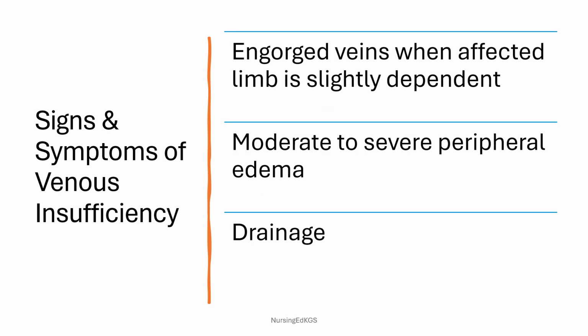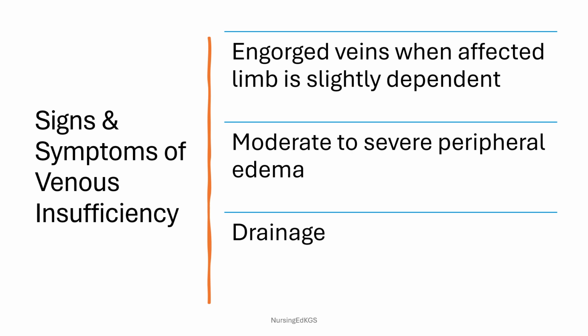In venous insufficiency, there's often edema and drainage, and they both occur because the veins are unable to effectively return blood to the heart. With impaired venous return, blood and fluid accumulate in the lower extremities due to the increased venous pressure.